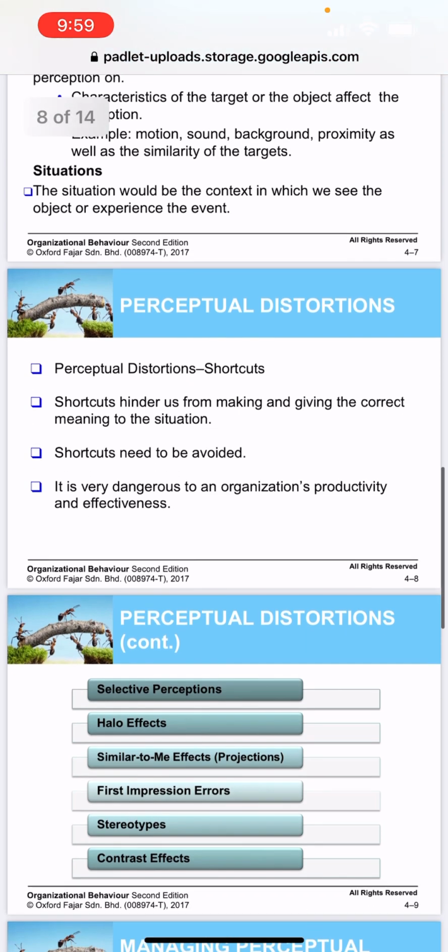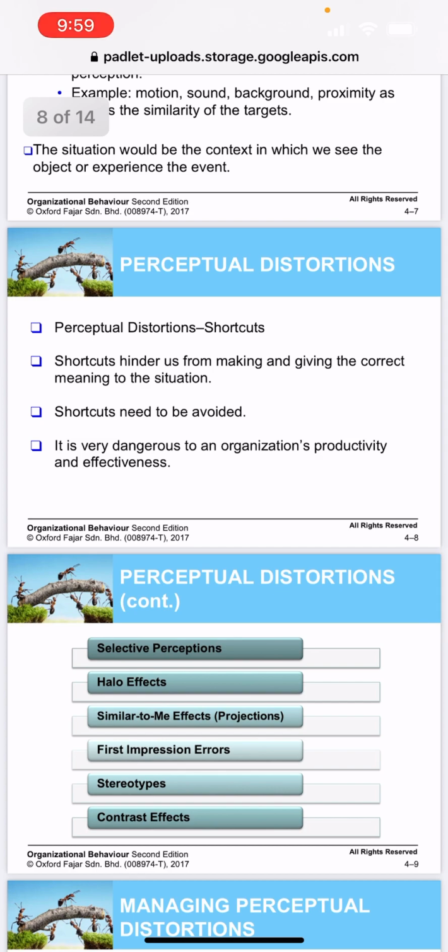Next is halo effect. Halo effect is the tendency to draw a general impression based on a single characteristic. This is because the one characteristic overshadows the other characteristics.